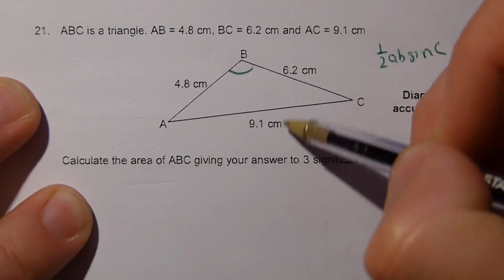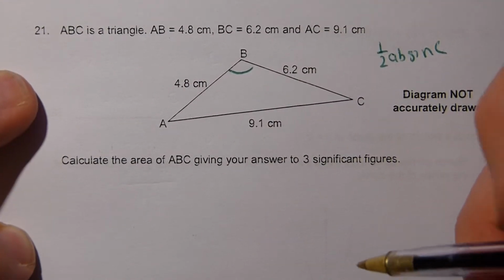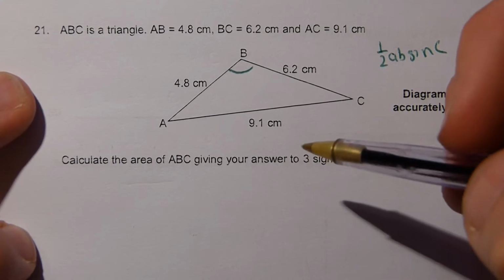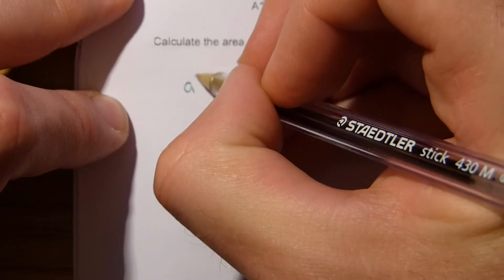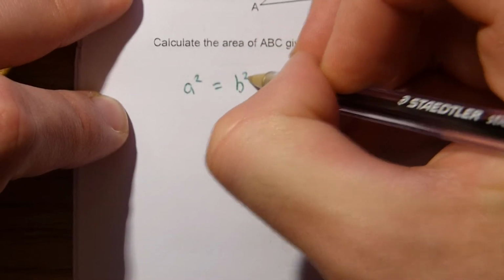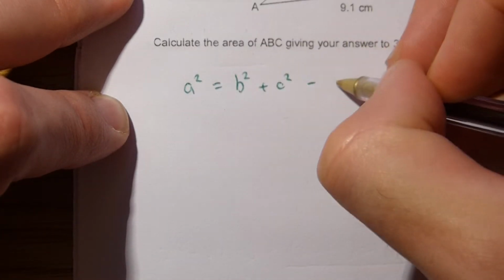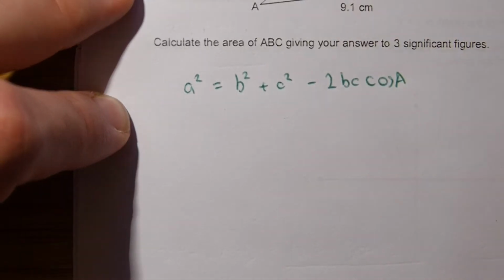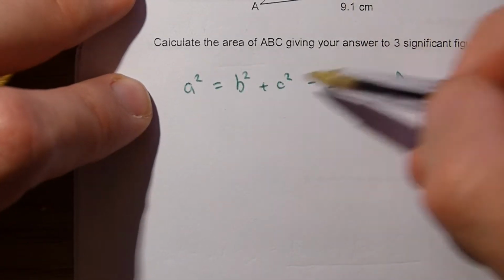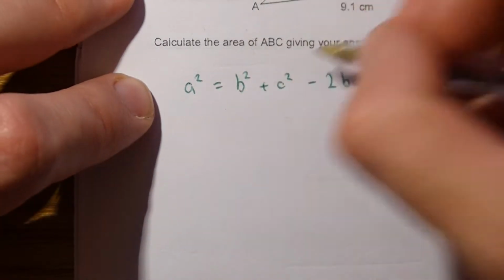So scaling triangle, three sides, find an angle, we're going to use the cosine rule. So cosine rule says that a squared is equal to b squared plus c squared minus 2bc cos a. Let's put in what we know.